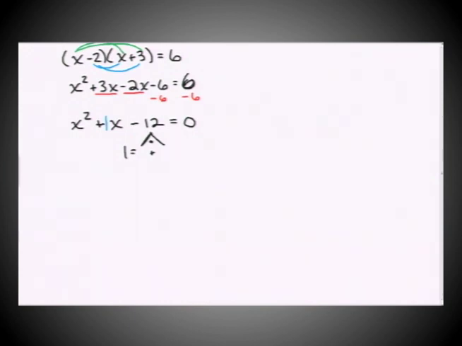So, coming back to our question at hand, the factors of negative 12 that add to make 1 are 4 and negative 3. When I multiply positive 4 and negative 3, I get negative 12. And when I combine them, I get positive 1. So the left-hand side of that equation factors as (x plus 4) times (x minus 3) equals 0.